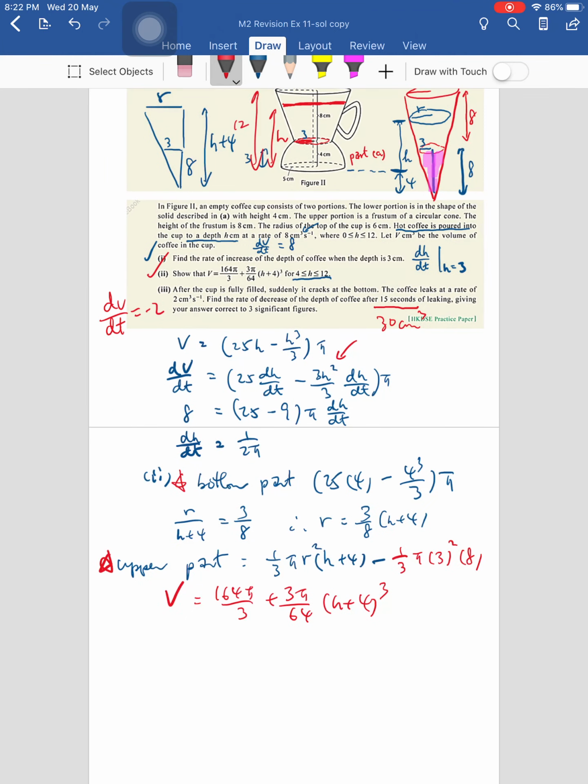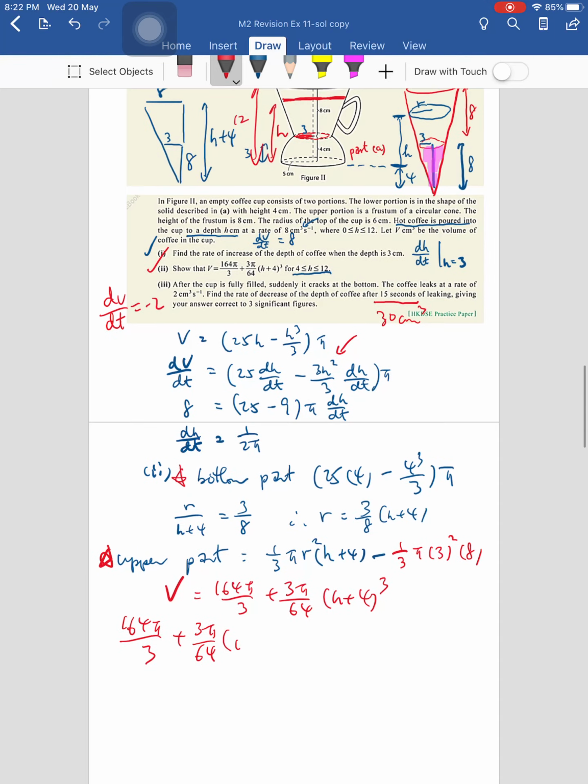So this volume is equal to the whole one, which is 164 the bottom part pi over 3 plus 3 pi over 64, the whole one is 12 plus 4 cube, okay, minus 15 times 2.